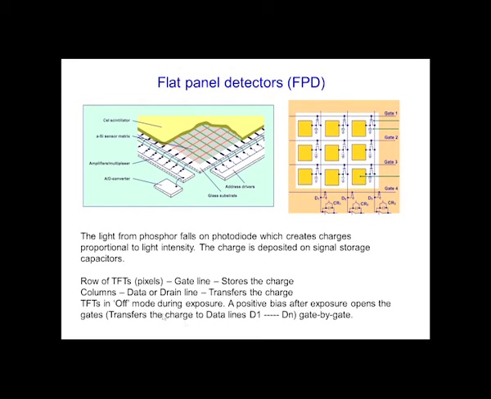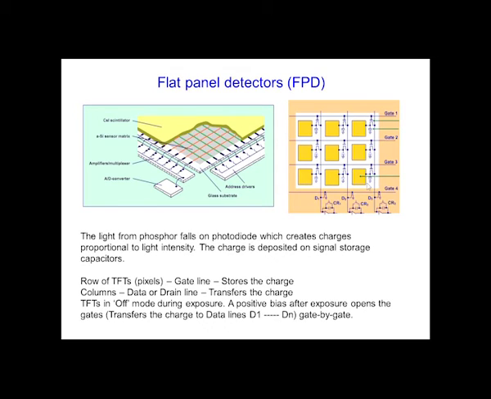Okay. And this transferring of the charge through the data lines happens gate by gate. So, first you do for gate 1, transfer the charge through the data line, and then gate 2, gate 3 and so on. Okay.